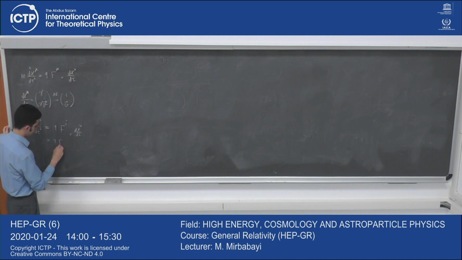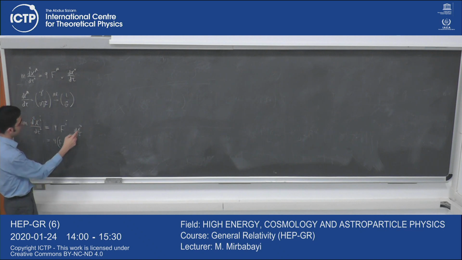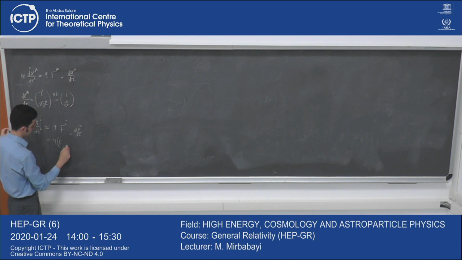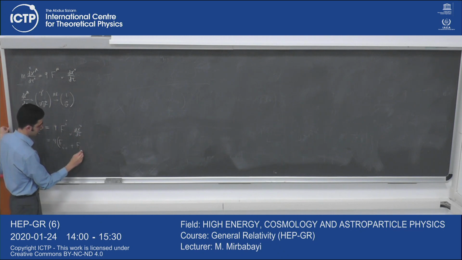So this is just q F_iν. Now let's expand in the components. For ν equal to 0, we just have 1, so F_i0 times 1. And then when ν is running over spatial indices, we will have v^j.